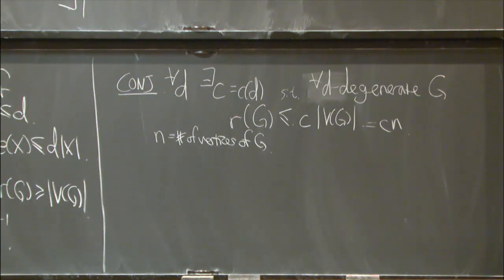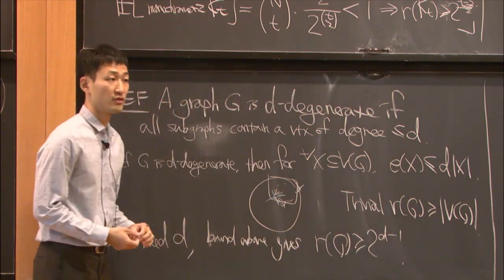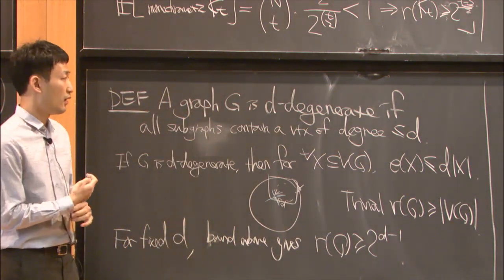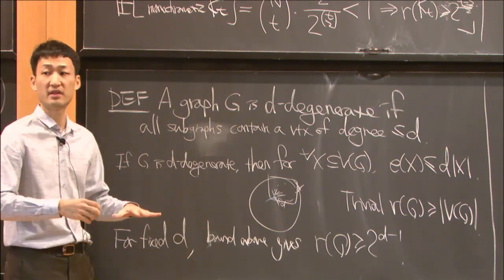What their conjecture says is that this trivial bound cannot be too far from the truth for this class of sparse graphs, sparse in a very uniform sense.